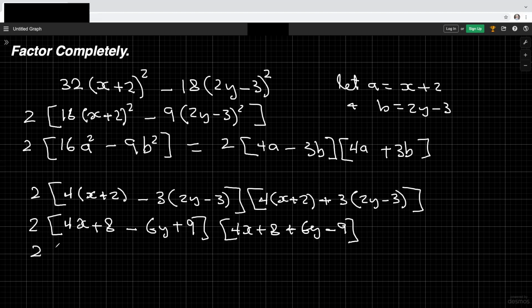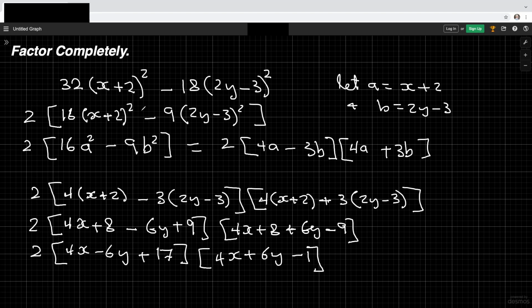And that will simplify into 2 brackets: 4x, and I'm just going to write minus 6y first, 8 plus 9 is 17, so plus 17. And the other one is 4x plus 6y, and 8 minus 9 is just negative 1. And that is the factored form for the second one. And that's it for that.